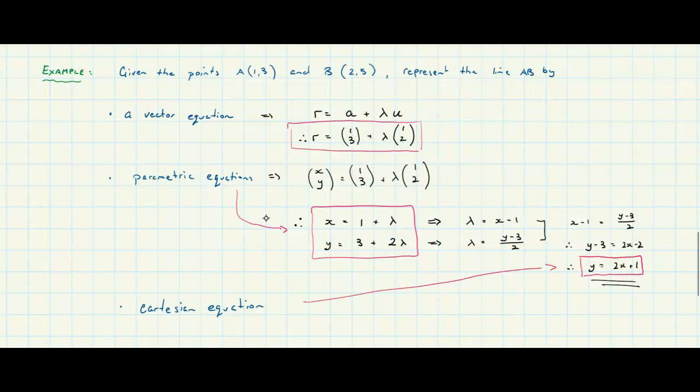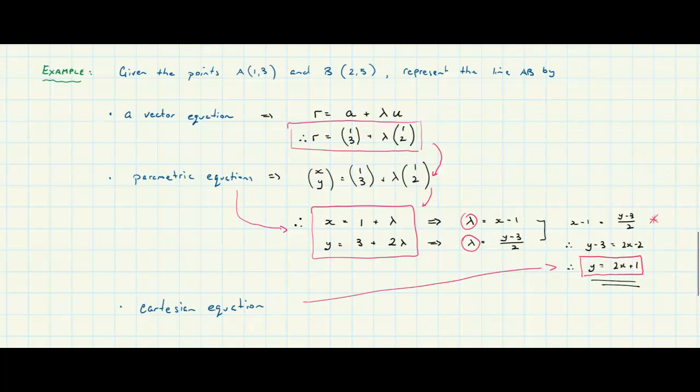So you can see one peels off the other. The vector equation runs into the parametric equations just by rewriting r in component form as the column vector (x, y). Then by making lambda the subject in your parametrics, you eliminate lambda to leave an equation in terms of x and y. At this stage we've already got our Cartesian equation, but we can do some sorting out.